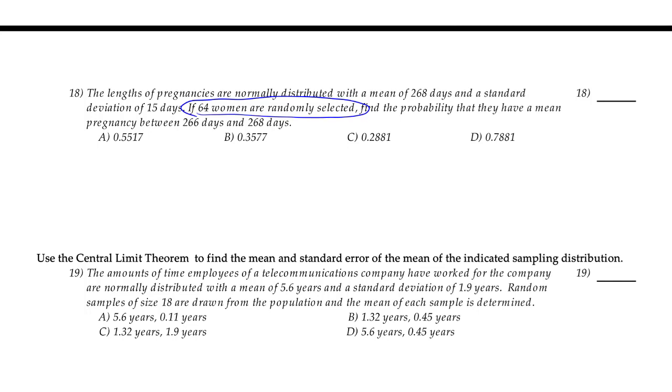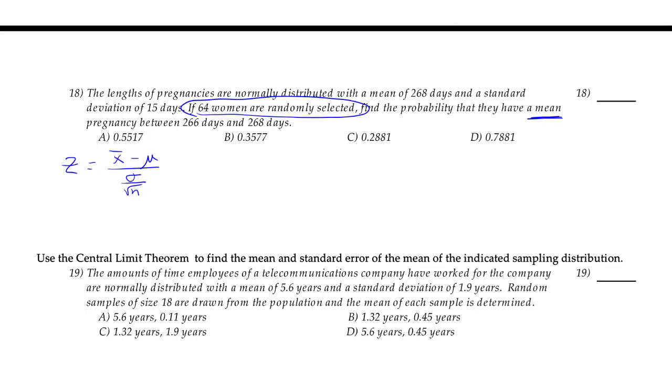So when we calculate our z-values, now it's going to be x bar minus mu over sigma over the square root of n, using the sample mean x bar. And then we have to use a standard error because we are using a sample.